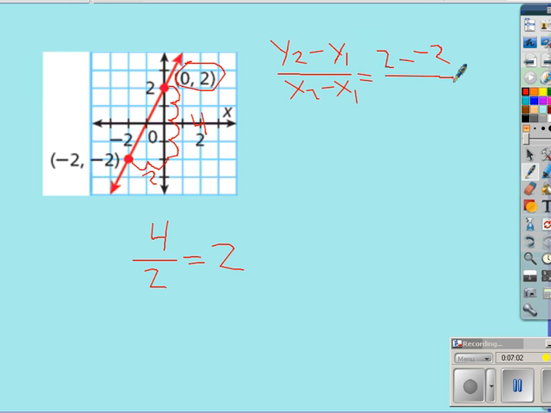And then I'm going to do my x2 minus x1, and I'm going to have 0 minus a negative 2. All right, that ends up equaling 2 minus a negative 2 is 4. 0 minus a negative 2 is 2. And look at that, the slope is the same, 2. So whether you do rise over run or use the formula, which is essentially rise over run, you still get the same result. Your choice when they give you a picture.